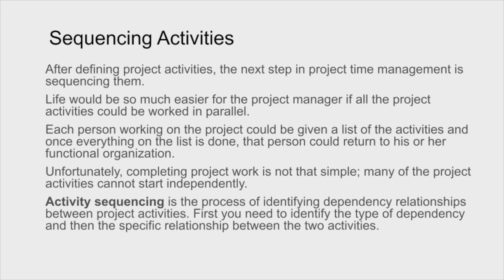Completing project work is not really that simple. Many of the project activities cannot start independent of one another, so activity sequencing is a process of identifying dependency relationships. What needs to be done first, what needs to be done second, between project activities. First, you need to identify the type of dependency and then the specific relationship between the two activities.